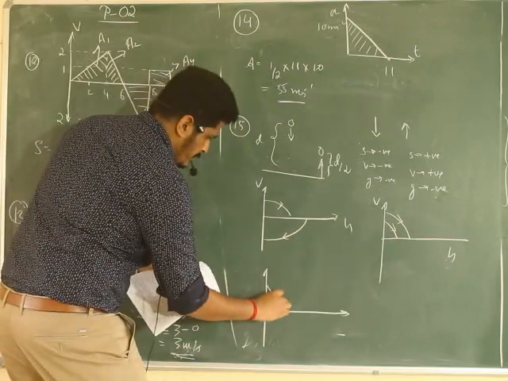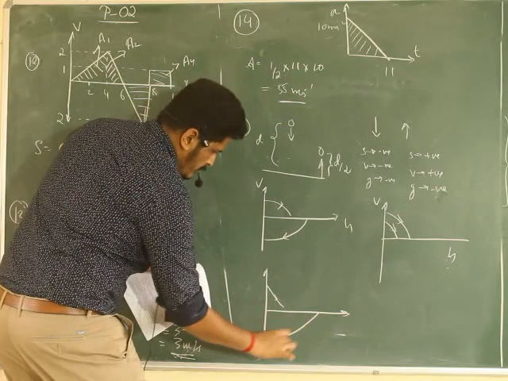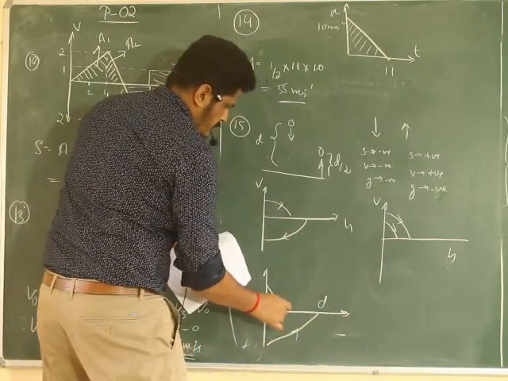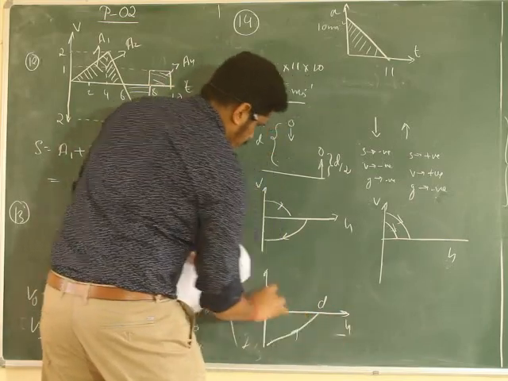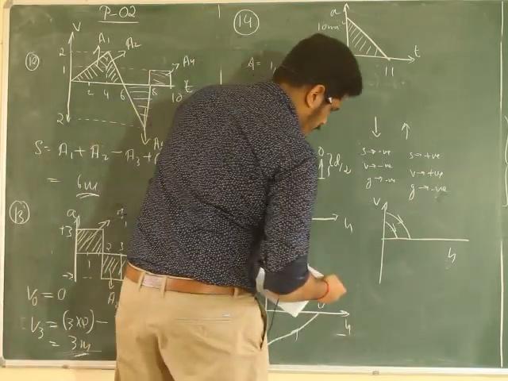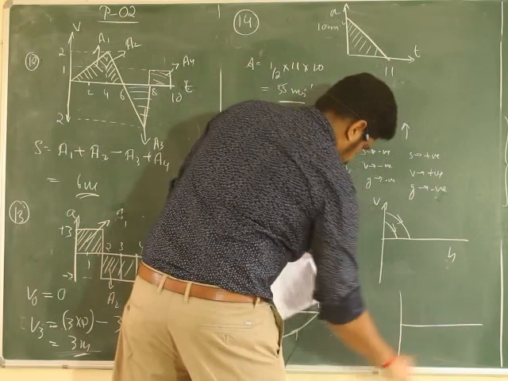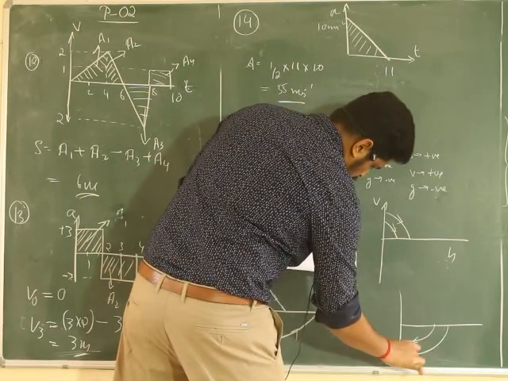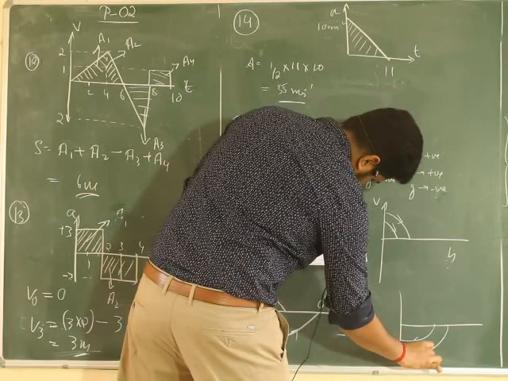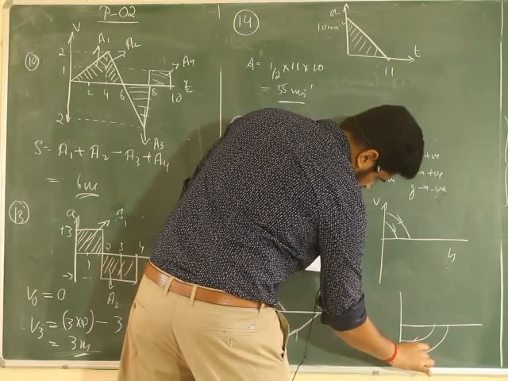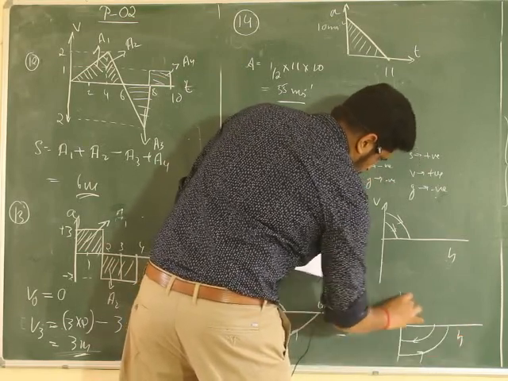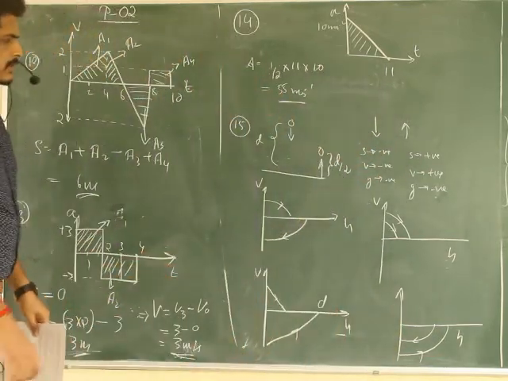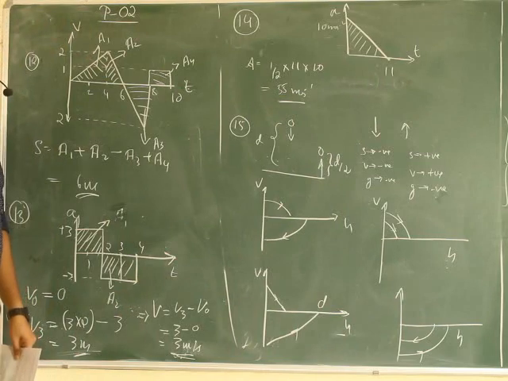It is coming like this, in this way. D. Of course, we can make out this is D by 2 then, right? Yes. So this is v, and the last graph is like this. That is one and one more. The direction is something like this. So these are the graphs which are available in that question as options.